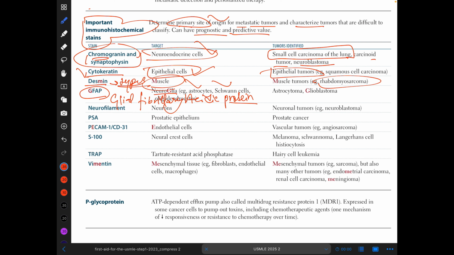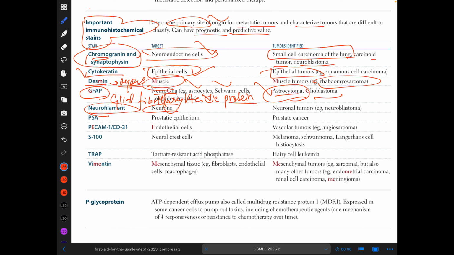GFAP is a member of the intermediate filament family and is very important in maintaining the shape and function of astrocytes. So it is basically the main staining component of astrocytoma, okay? Glioblastoma as well.